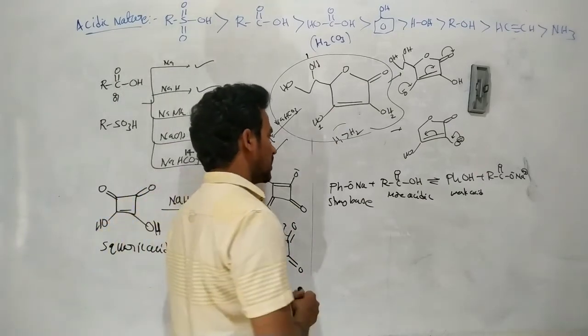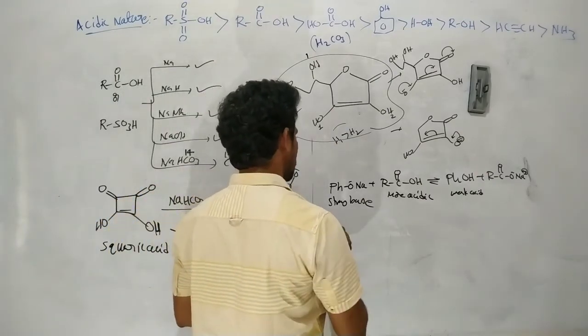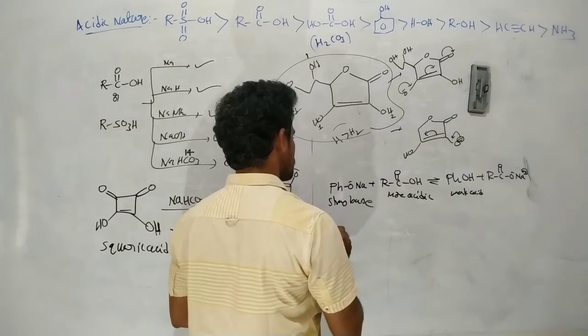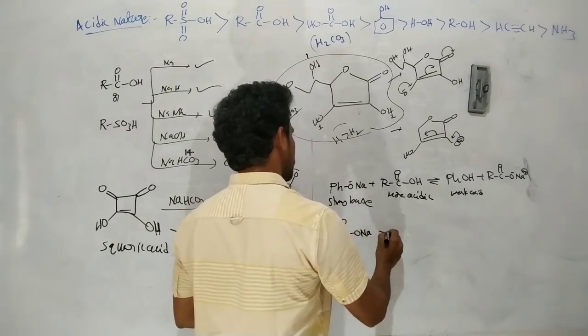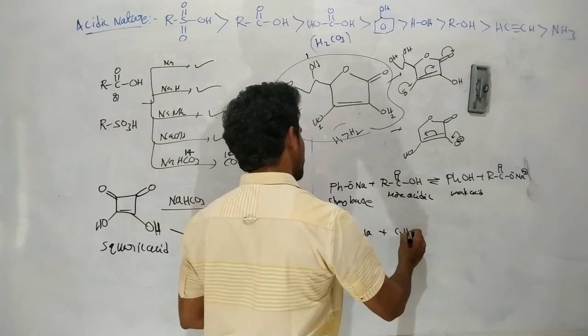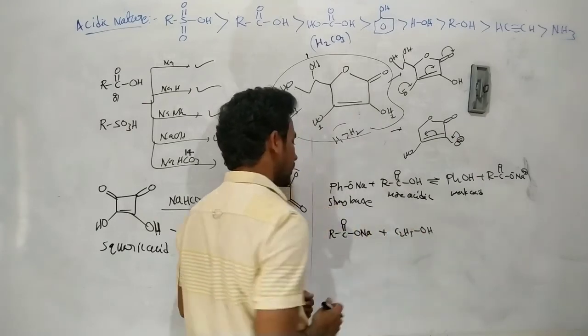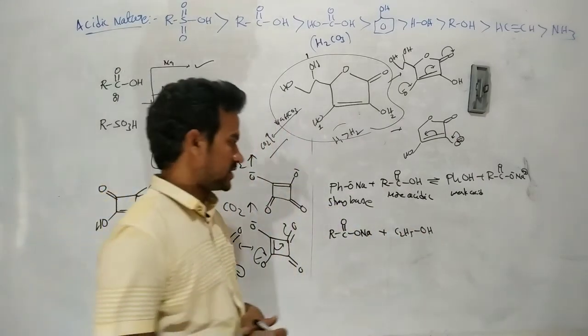Suppose you take it like this. I'm taking RC=O ONa plus C2H5OH.